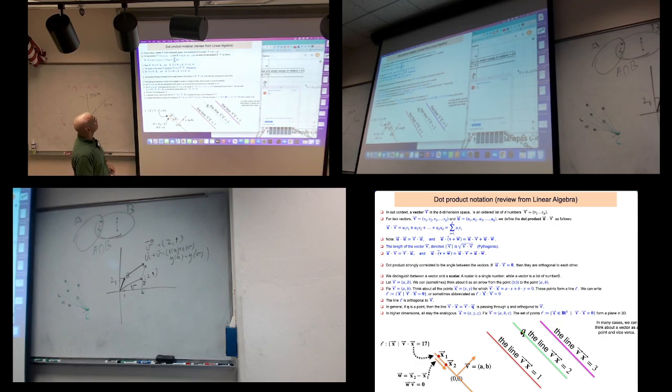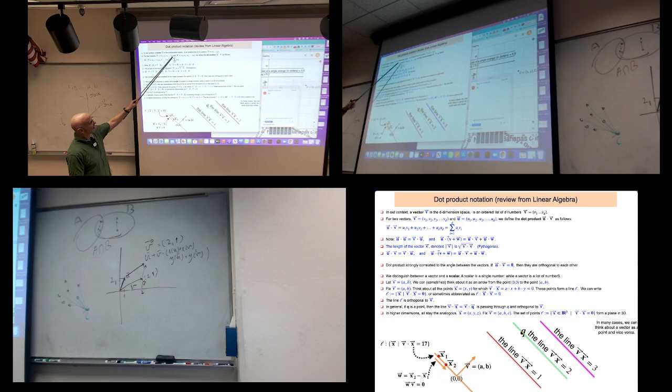Okay, a bit more notation. U dot product v is what? Take the first parameter of u, multiply by the first parameter of v. u1 times v1 plus u2 times v2 plus, go to the last coordinate, ud, vd, multiply them.